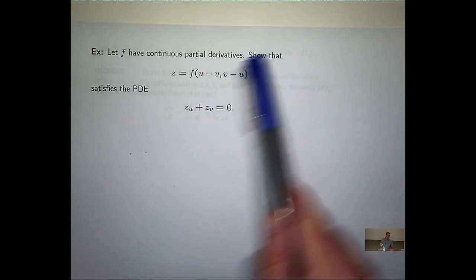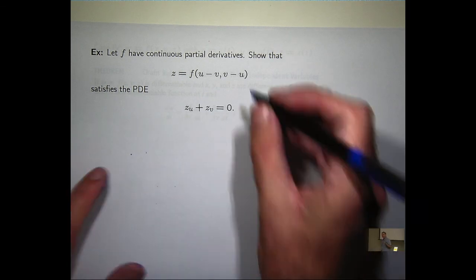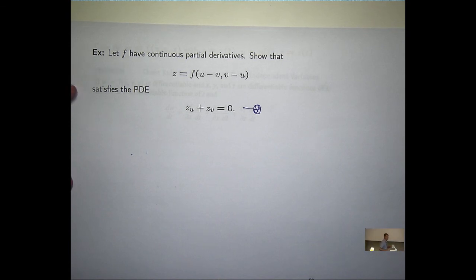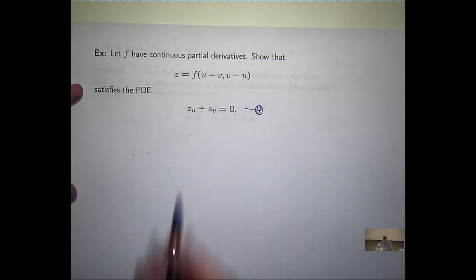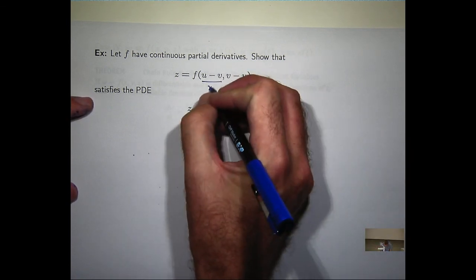Show that a function with this form satisfies the following PDE. So let's give it a label because I'll refer back to it a bit later. All right, so let's look at our dependence. I guess I'll let that be x and let that be y.